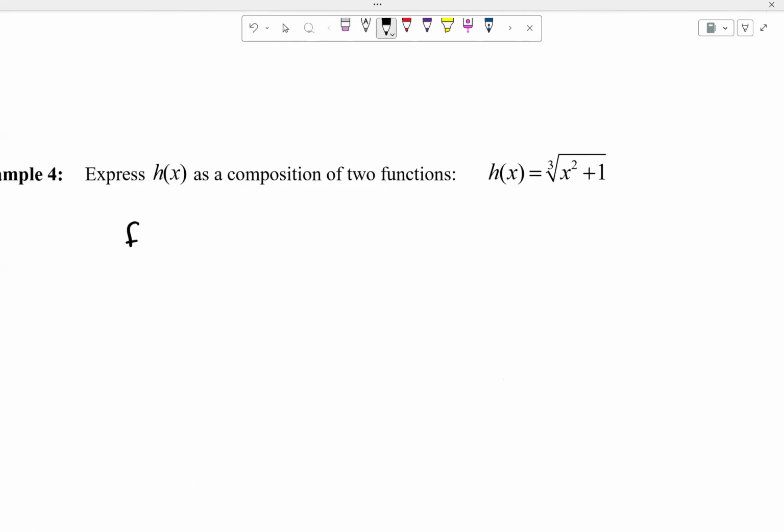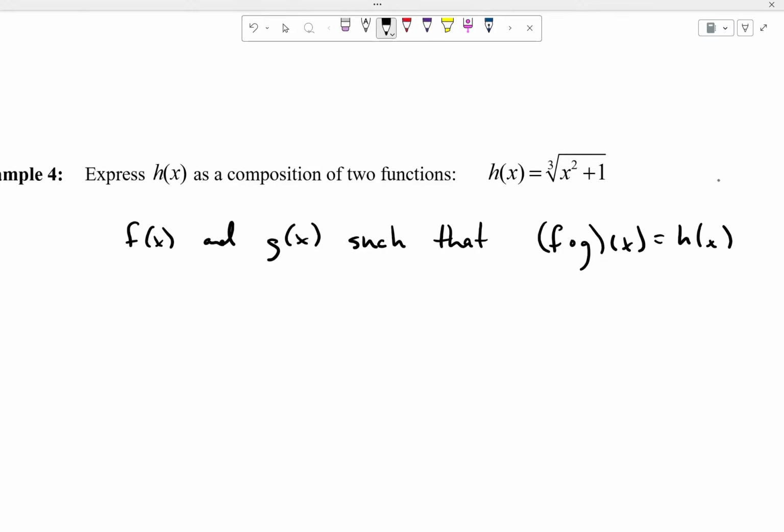What I want you to do is find f of x and g of x such that f composed with g of x is equal to h of x.